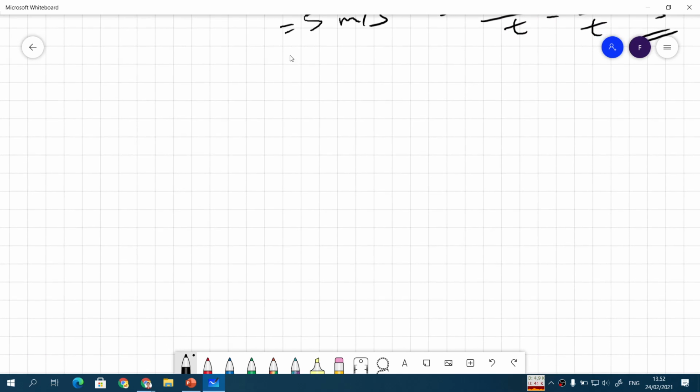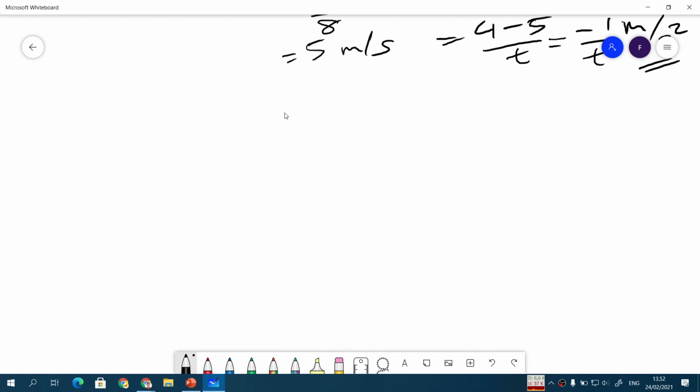Okay, so I will draw this problem. Let's say that this is the ground, and the y-axis is always pointing upwards for the positive value.